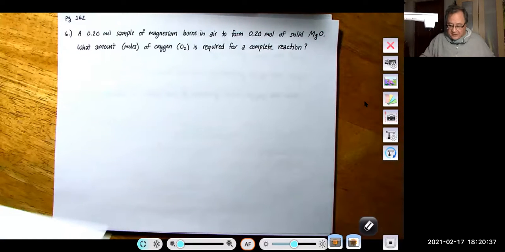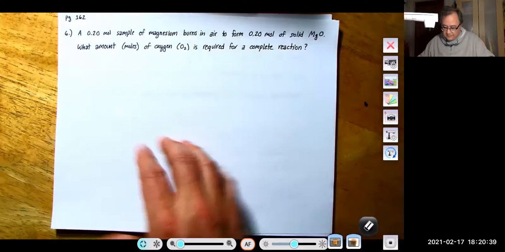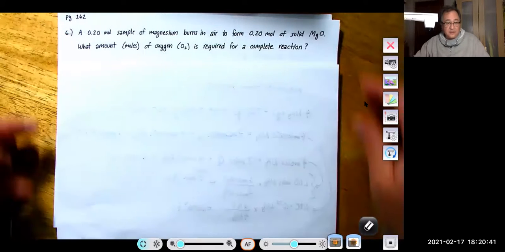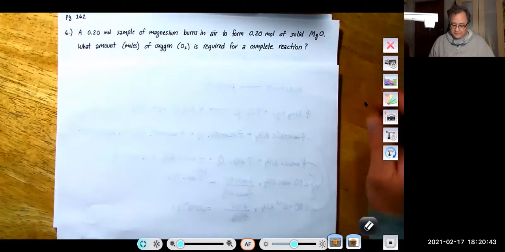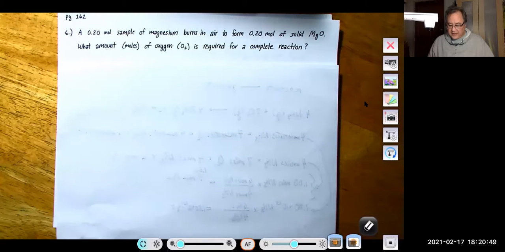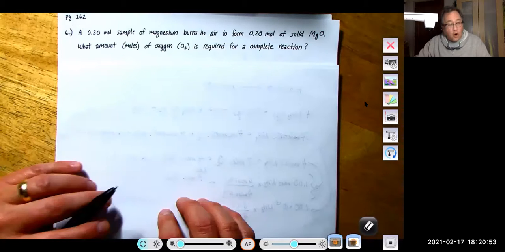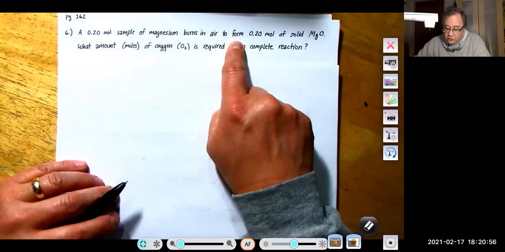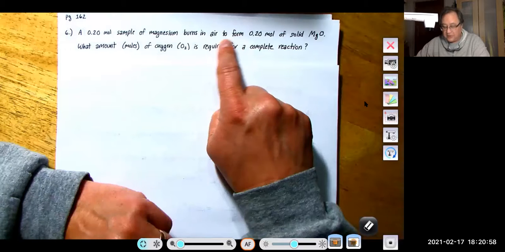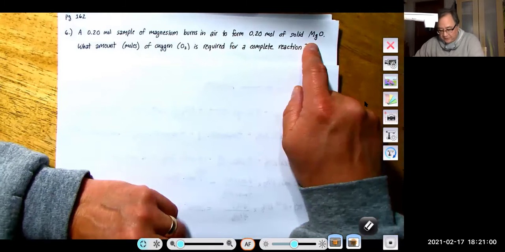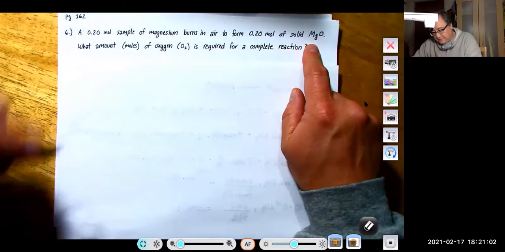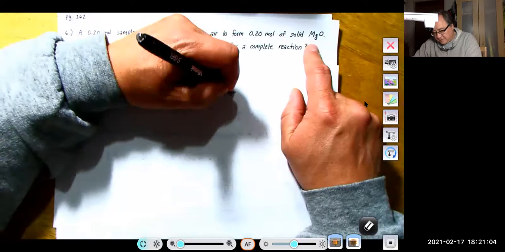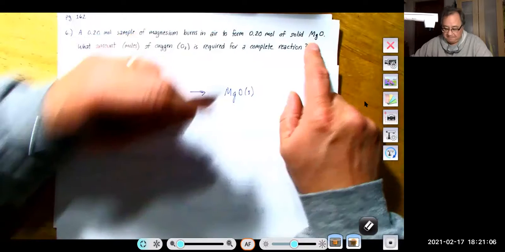So let's look at this next problem. Let's look at some key words here. To form solid MgO. What does that tell you about MgO? It's a product.